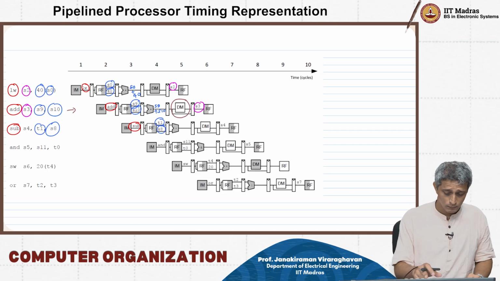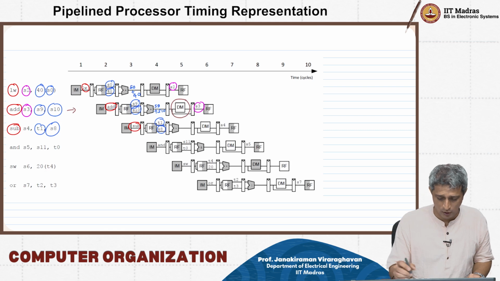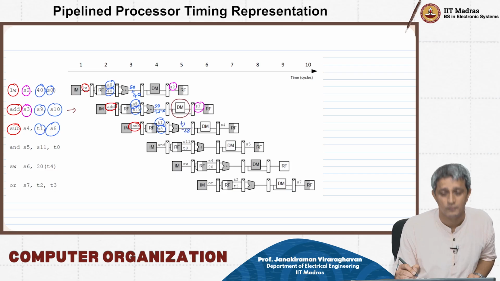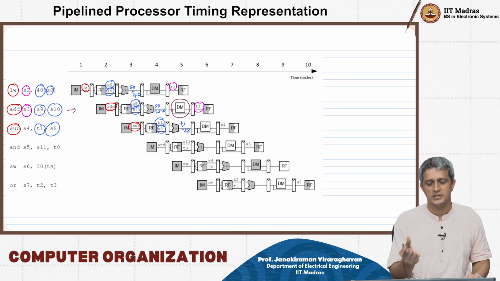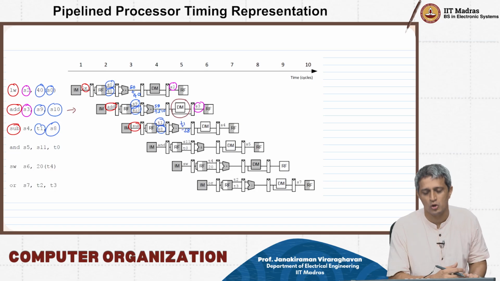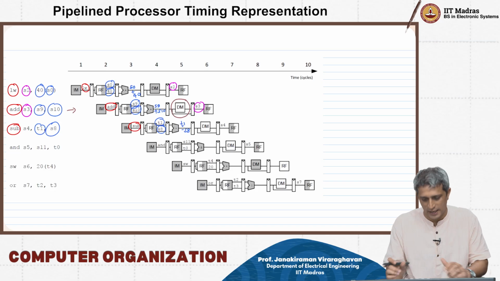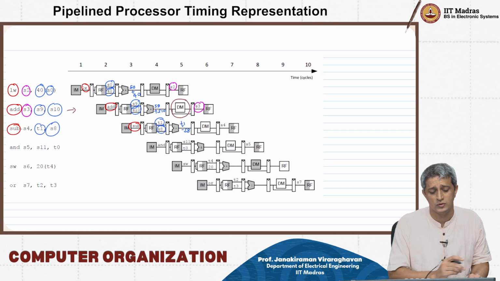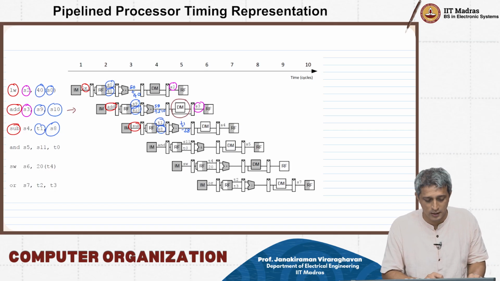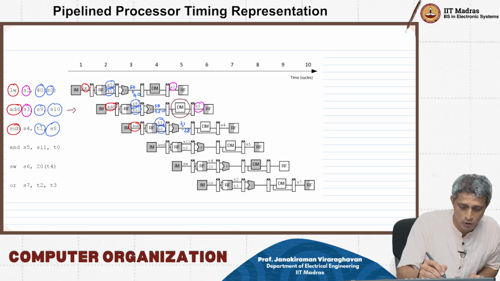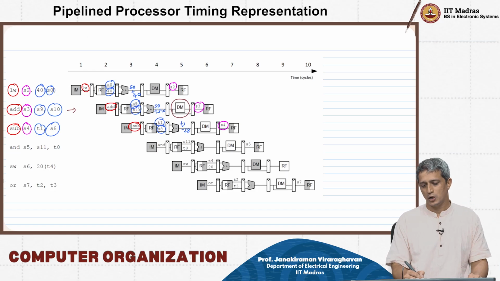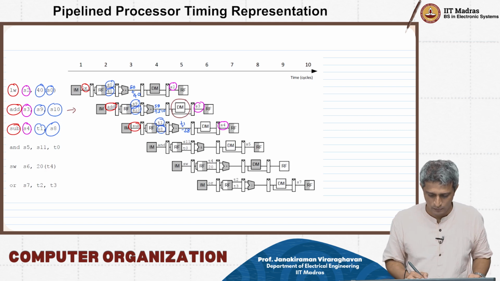Out here you will get T1 minus S8. Because this is an R type instruction, you are going to skip the data memory phase again, and you will come back to register write back into S4. You are able to write back into the register file at this stage.